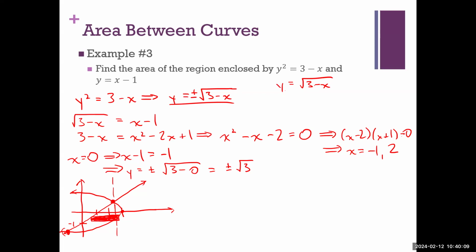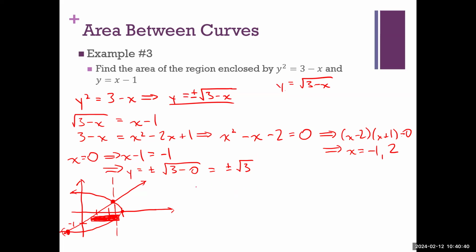No matter how high or low I draw this rectangle, is it going to have the same left boundary? What's that left boundary going to be? X minus this, the straight line, right? What's the right boundary going to be? It's going to be that parabola, right? Because that is going to be consistent no matter how high or low I am, I can get away with using only one integral.